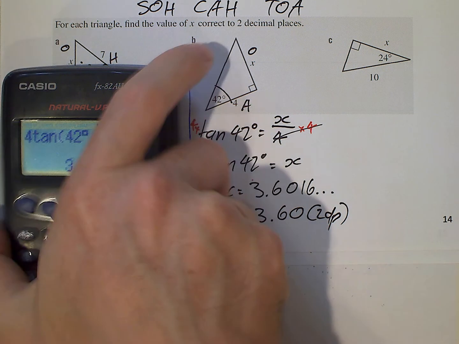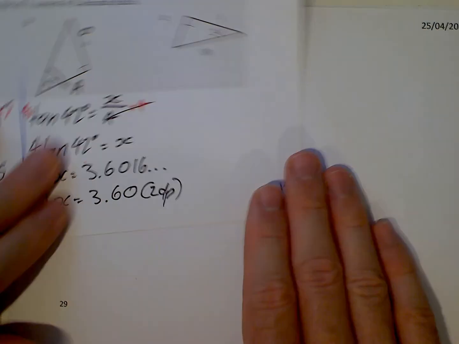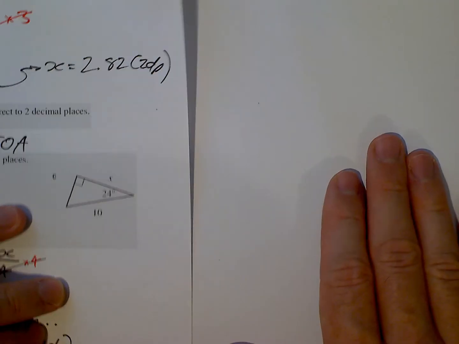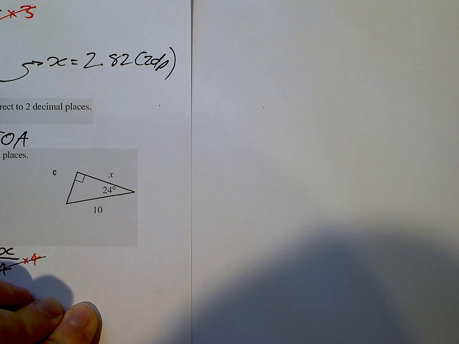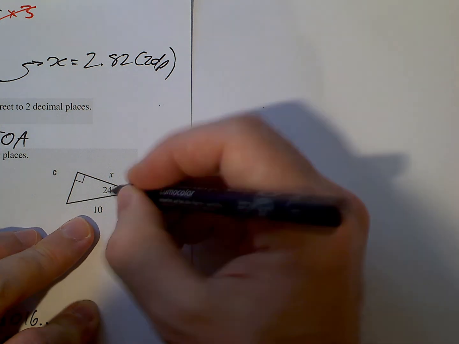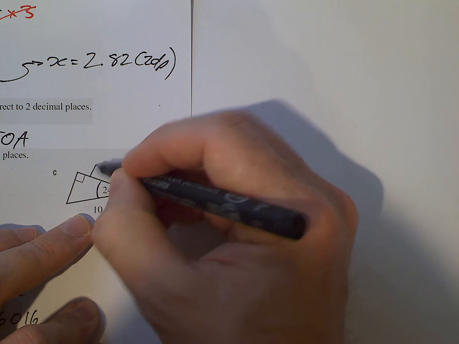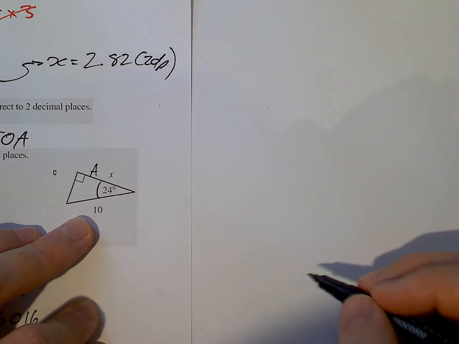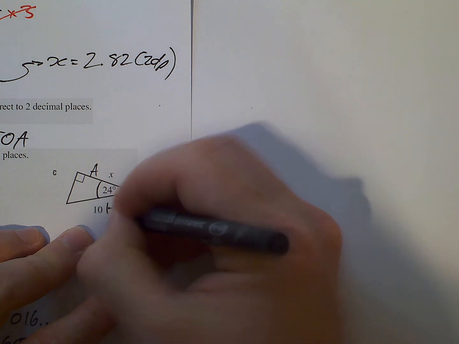And our last one, I'm going to need a new sheet for this. Okay, let's write next to. That should be better. Okay, we have our angle. We have a side next to, which is our adjacent. We have a side just here, which is opposite our right angle, which is our hypotenuse.